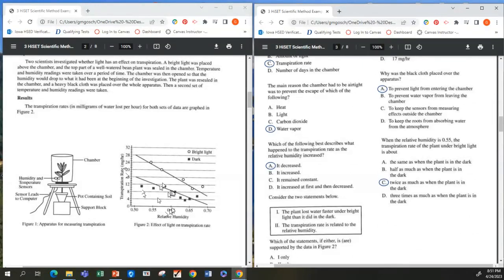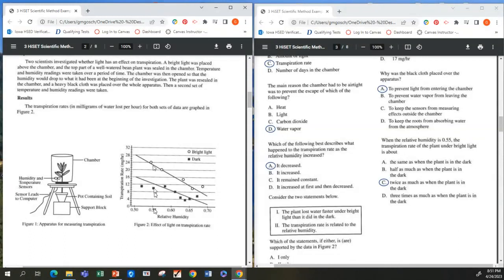So let me read the question again. When the relative humidity is 0.55, I'm going to find 0.55 and count up. I just really need to get my mouse off the screen, and I'm hoping that you can look at the 0.55 yourselves here. Counting straight up, we can see that we'd land up here.